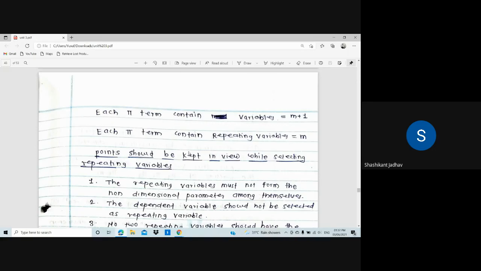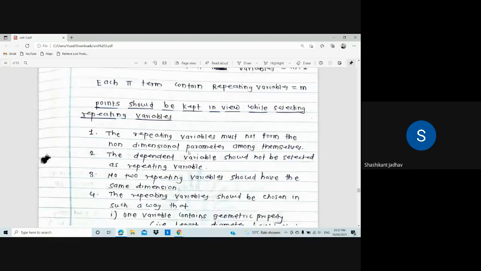Okay, now my question is how to select these repeating variables. Among the variables, whom do we select as repeating variables, and how do we decide that? So there are some rules, and by using them we have to select the repeating variables.